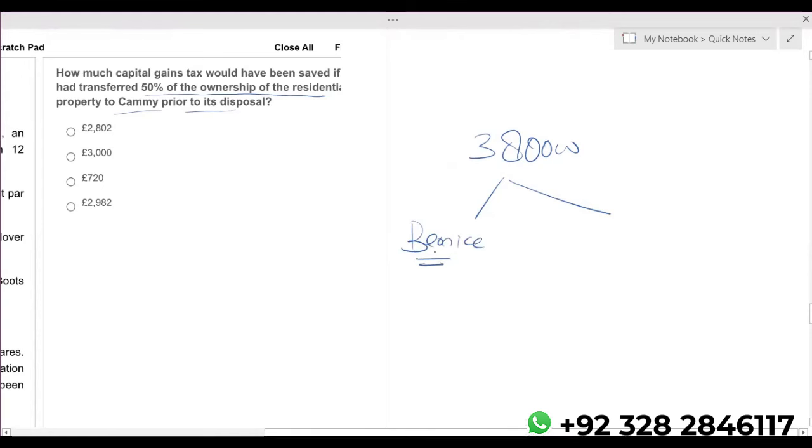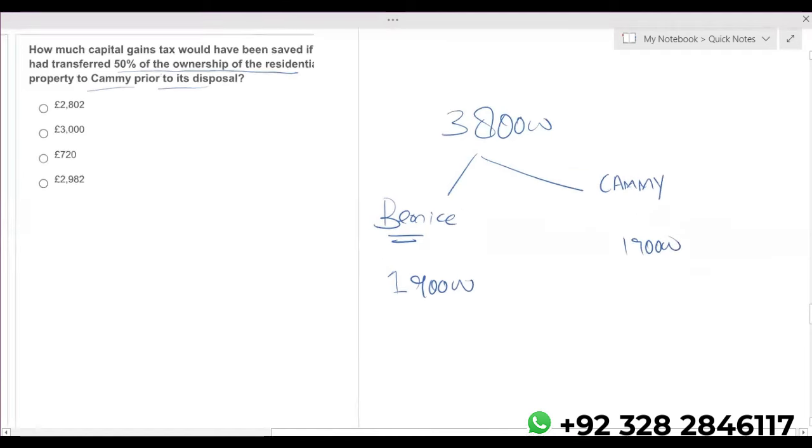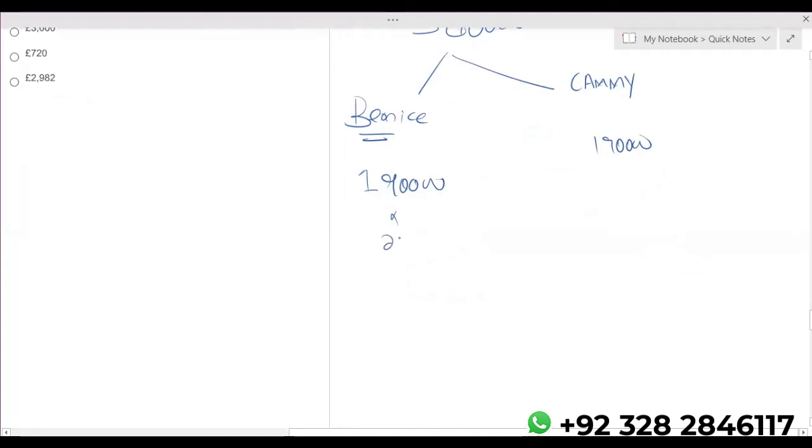The gain is 380. So 50% will be with Bernice and Kame will get the 50%. Okay. Obviously, Bernice will have to pay 24% on 1,90,000.